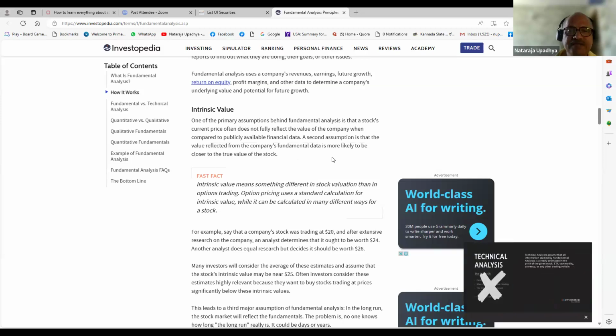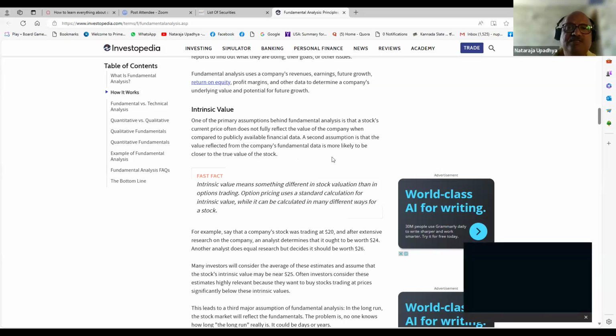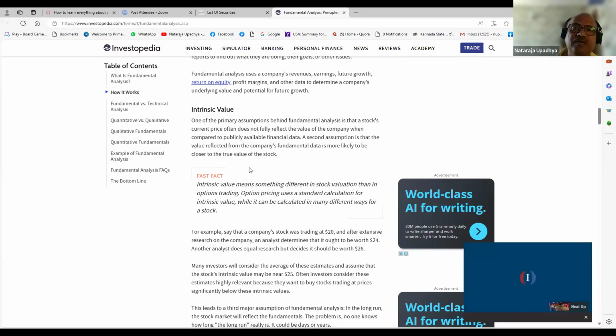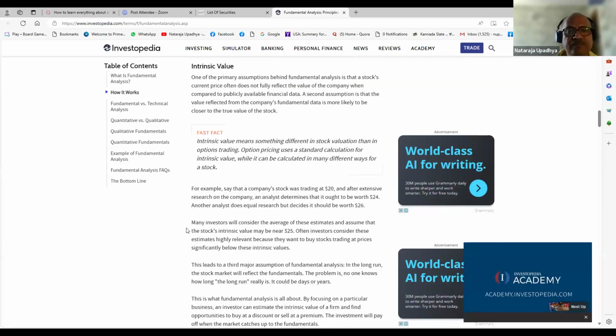If the intrinsic value is more than its stock price, then it is a hidden value. That's a value that can be unlocked. Or if it is otherwise, it's overvalued, there is a risk of valuation adjustment, and you can lose money because the stock price will be adjusted lower. So that is the concept here. Okay.